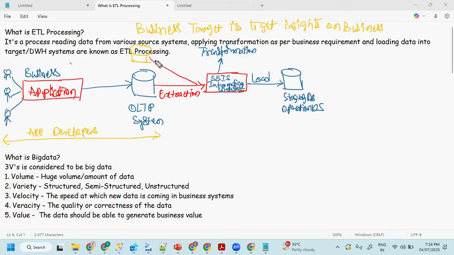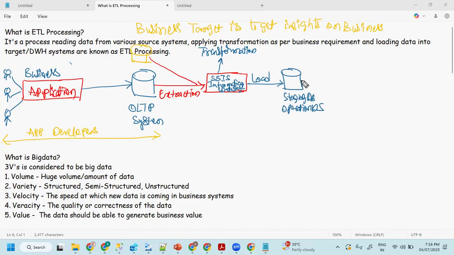So since the data was distributed in the OLTP system, we are just going to integrate it and keep it in a centralized location. Before applying other transformations, we are just going to hold the data for some time in the traditional approach. And then in the second stage also, we are going to use the same ETL tools.